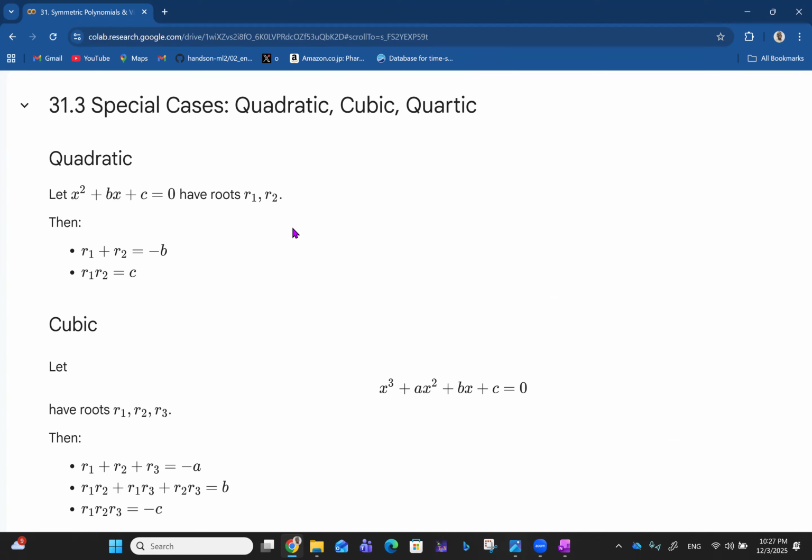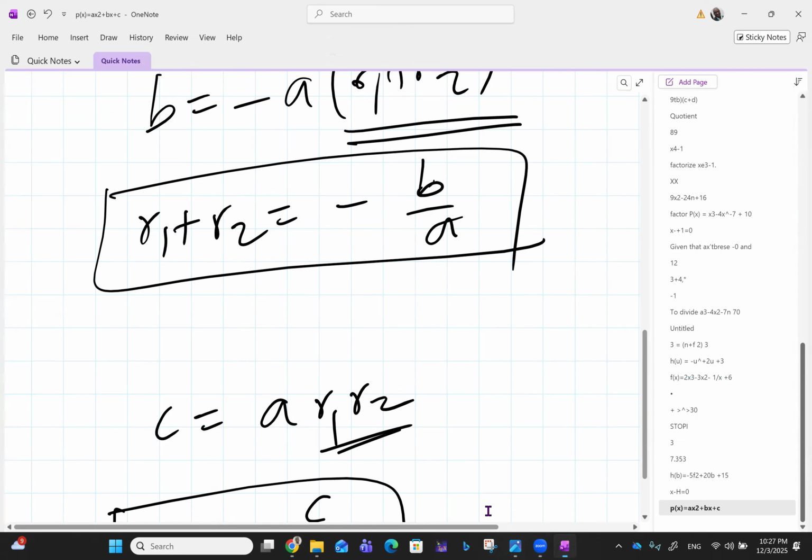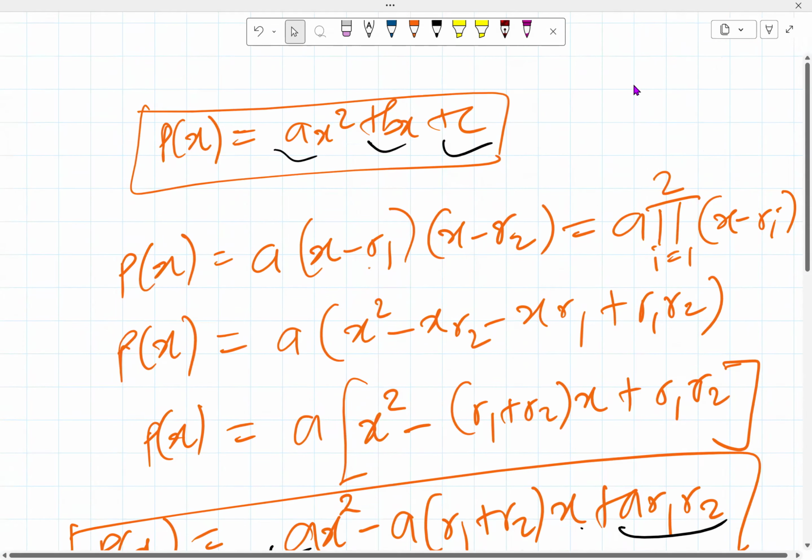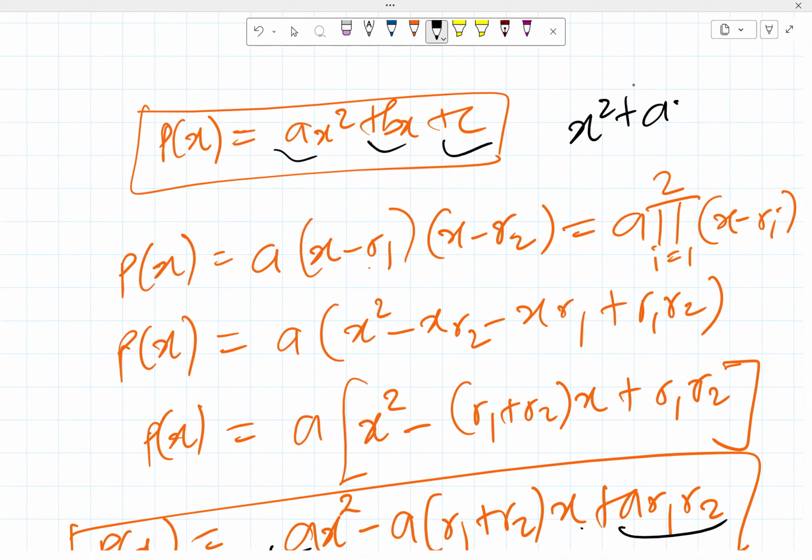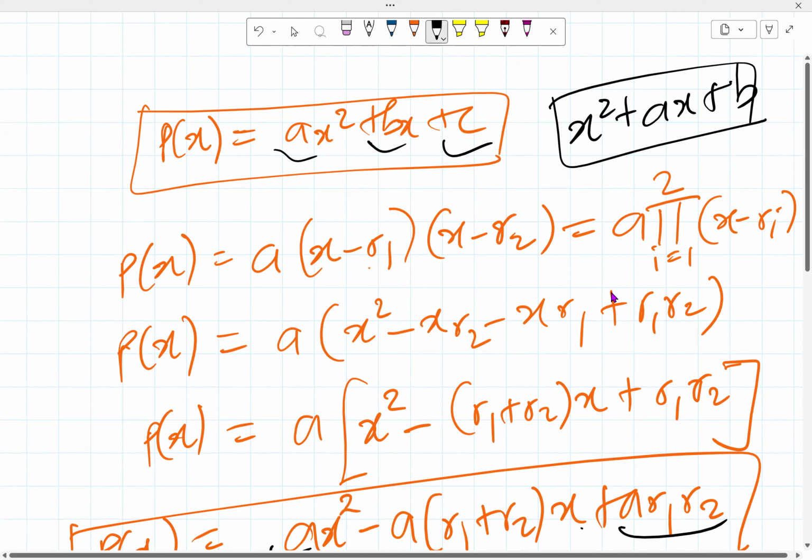Here I used ax squared and all that, and that is the general form. But what we are doing now is just x squared plus ax plus b. We shift it because the coefficient of x squared here is taken to be 1. So that's what is happening now.